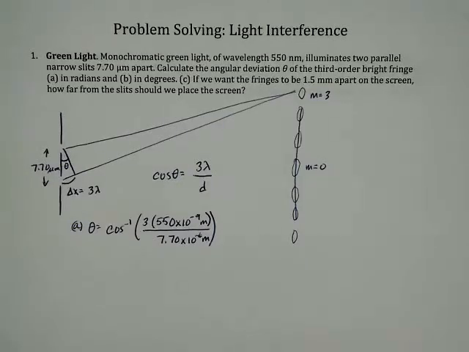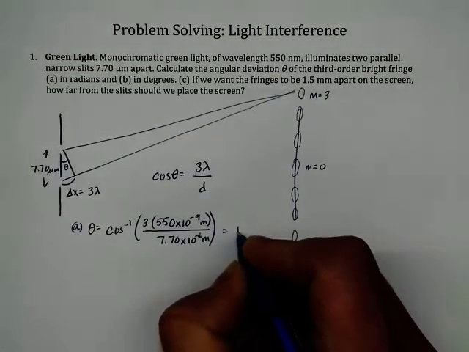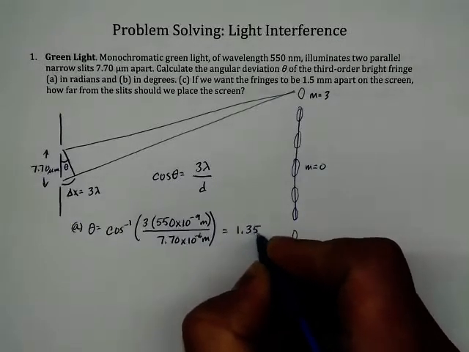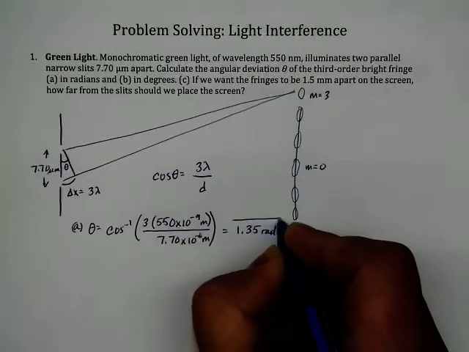So the inverse cosine of 3 times 550 times 10 to the negative 9, divided by 7.7 times 10 to the negative 6, and if I do that I get 1.35 radians.